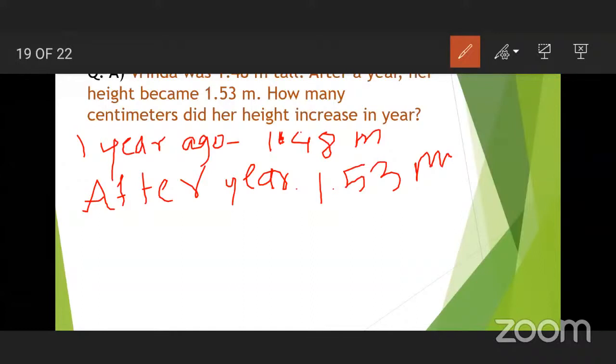Means the height is given in meter and they want the increased height in centimeters. So students, can you tell me the relation between meters and centimeters? 1 meter is equal to 100 centimeters.